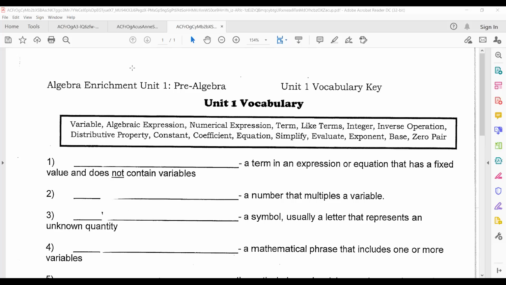And constants we can find in all kinds of different situations. The next one, though, is really, really important when we start talking about solving equations or even in expressions.